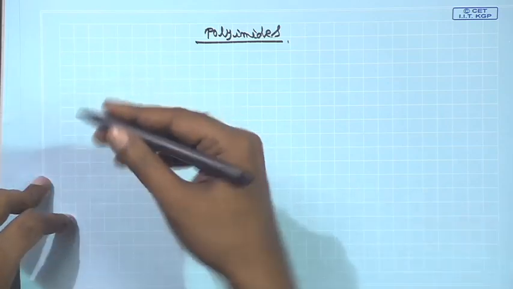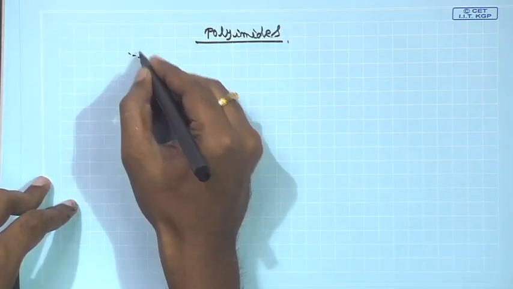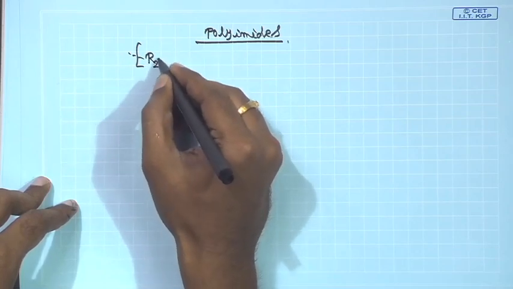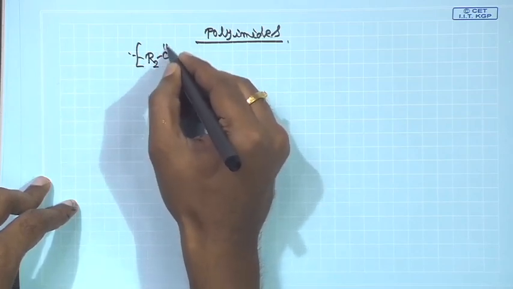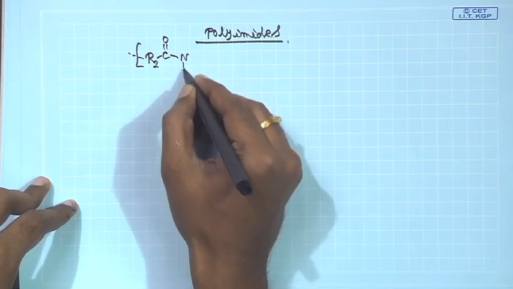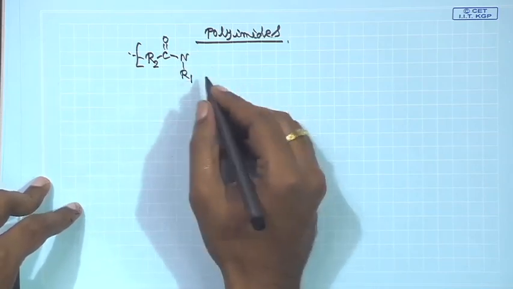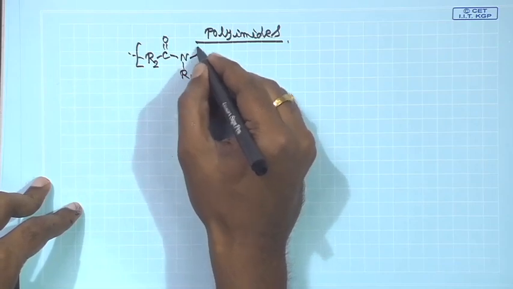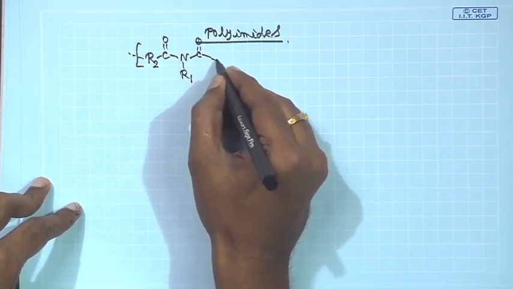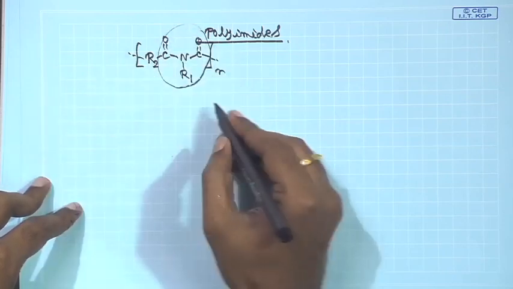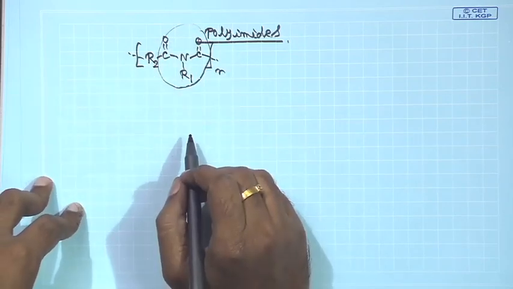Now, these polyimides have the characteristic functional group which looks like this. So this is basically your imide functionality.